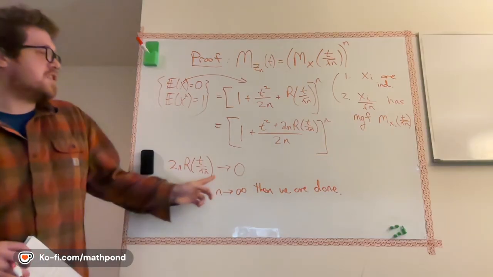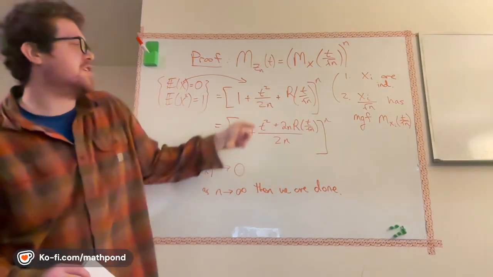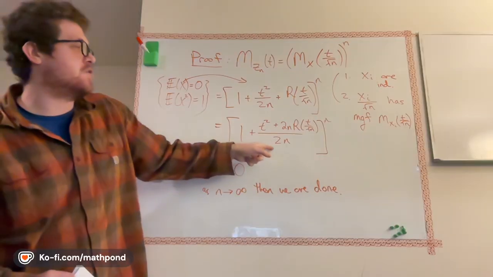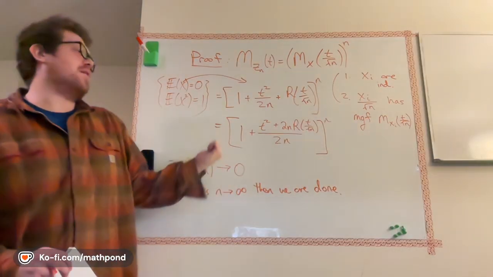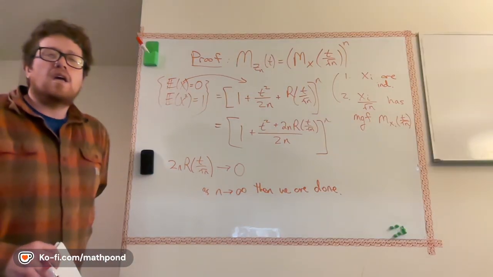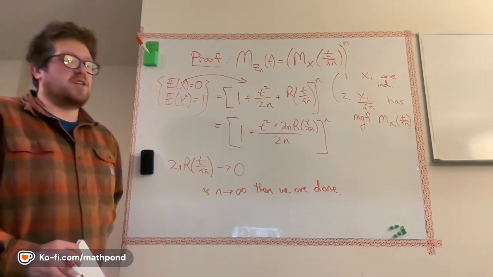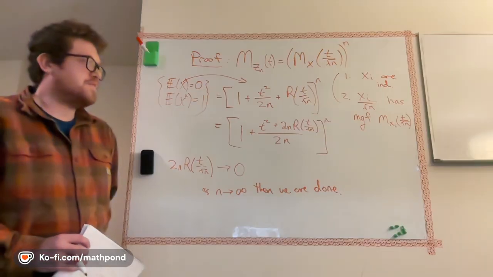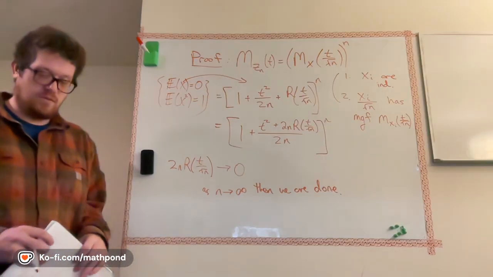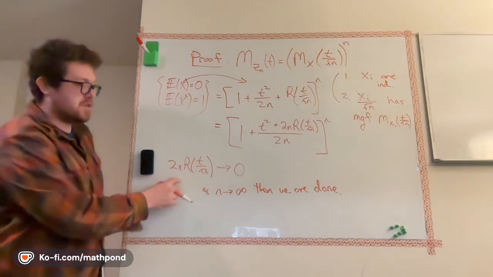If this goes to 0, then we're good, because then this whole thing is converging to just t squared over 2n to the n, and that whole thing is converging to e to the t squared over 2, which is the moment generating function for the standard normal, which is what we're trying to show this is converging to. And if this goes to 0, then we're done.